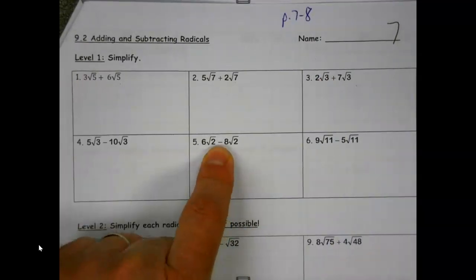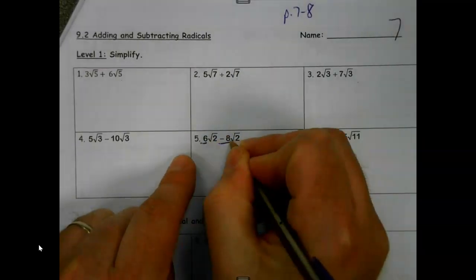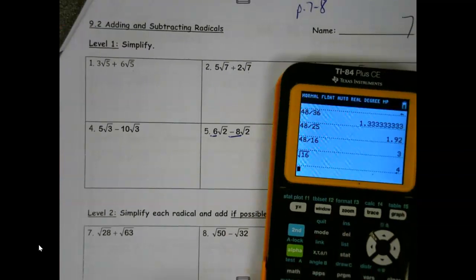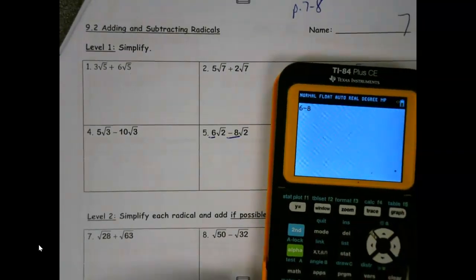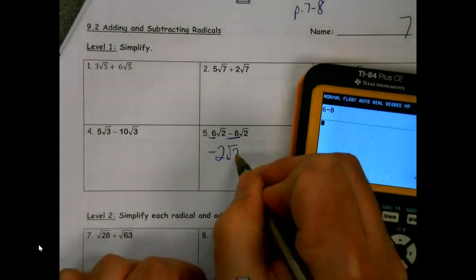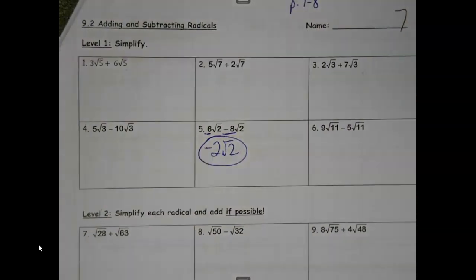Because if it's not plus, all of a sudden this is 6 minus 8. Do not be afraid to go to the calculator. But leave the radical alone. We're just combining like terms.